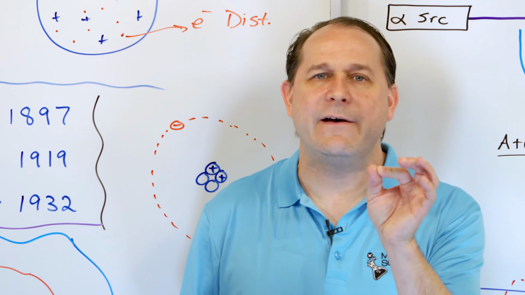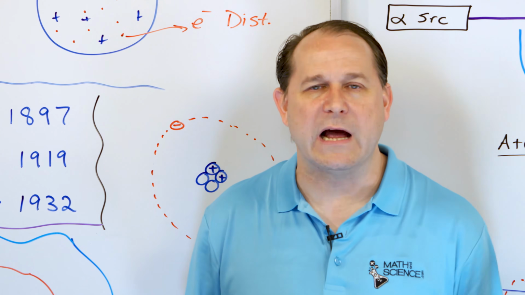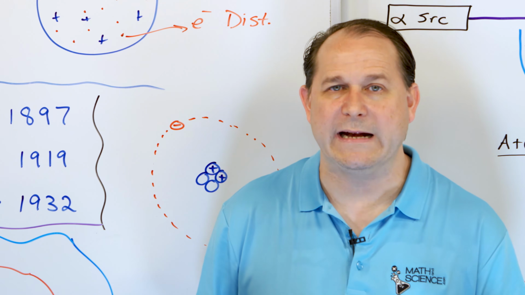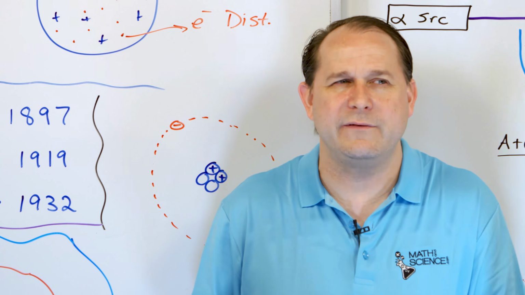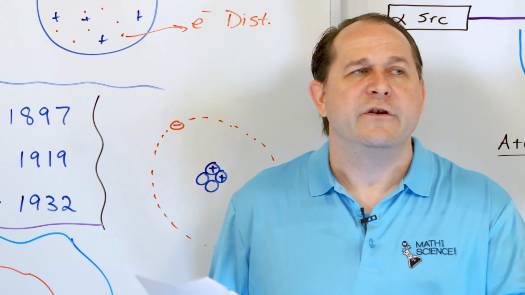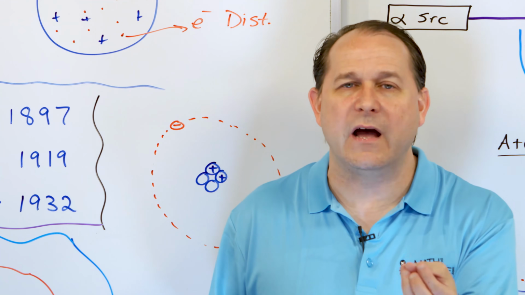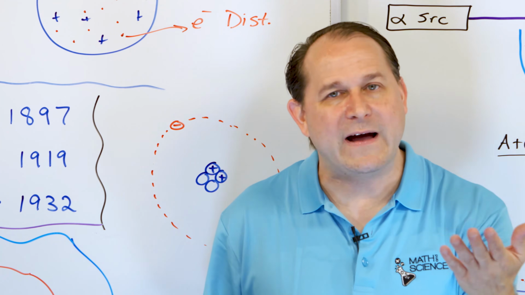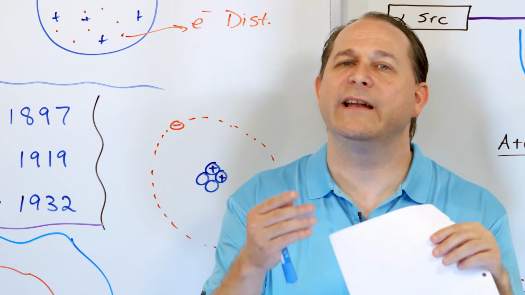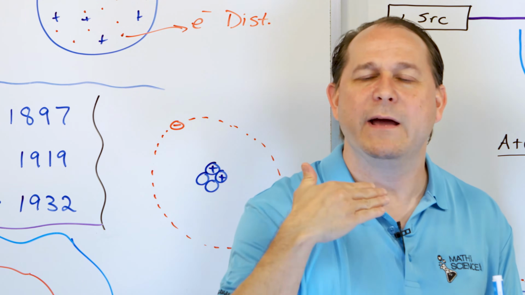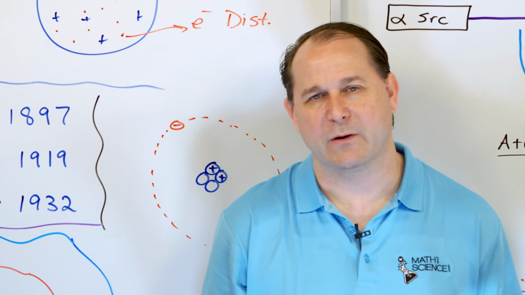Because you cannot have a zero position uncertainty and a zero velocity uncertainty of anything all the time. It violates uncertainty in quantum mechanics. I told you this will bake your noodle because this is not common sense. You don't see this happening, but this is true of electrons. So it cannot live on the nucleus, because if it does, we would know exactly where it was, and that violates uncertainty, because then it would have to have a very high velocity, or momentum, and it would have to escape the nucleus again, right?